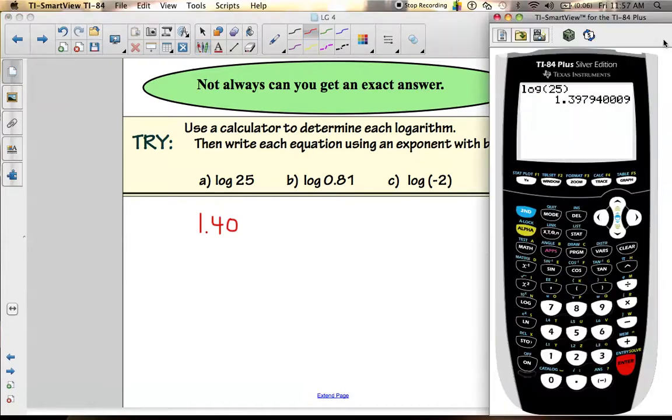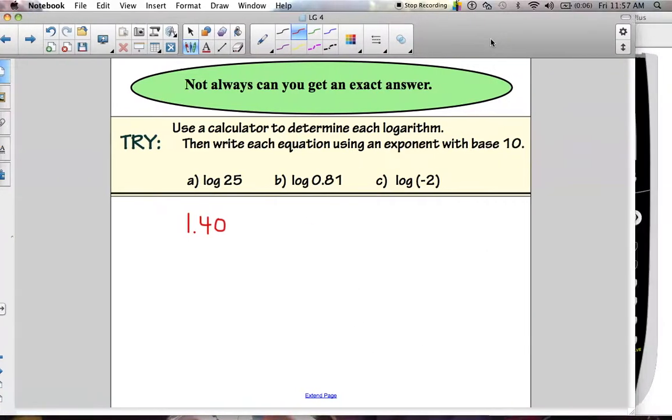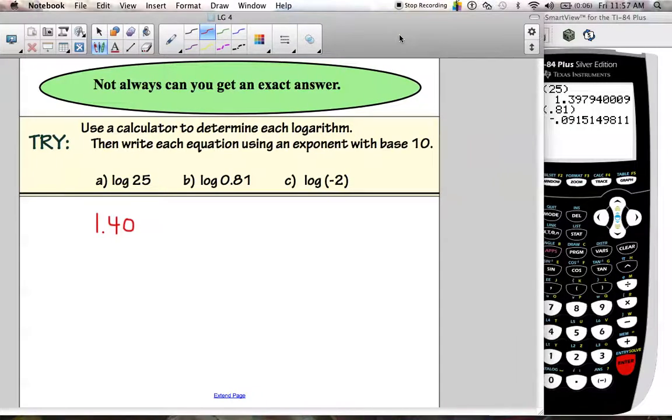Now, the second one, go hit the log button, and we have our argument 0.81, and then we hit enter, and we get negative 0.09.